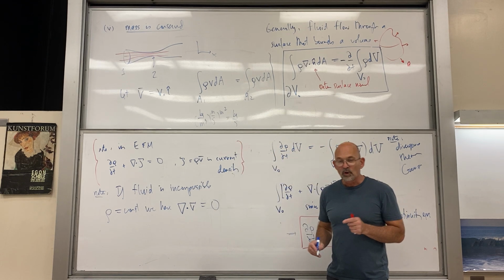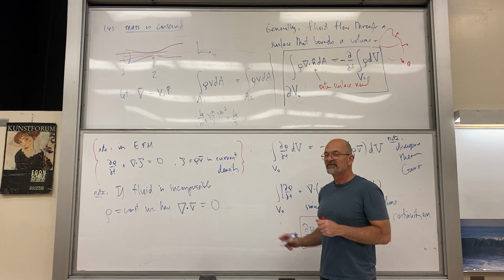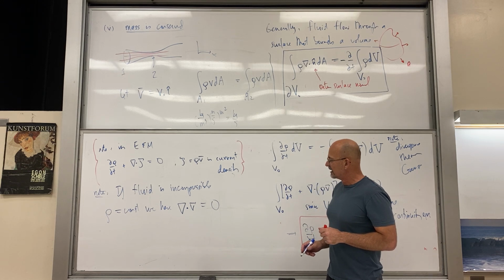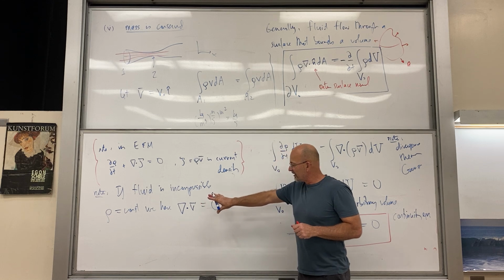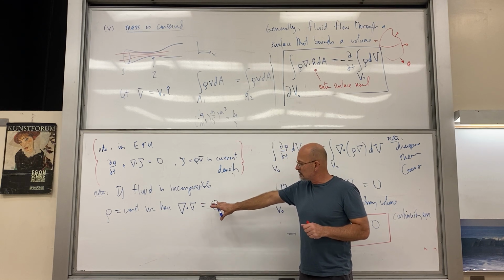Now back in Hamiltonian mechanics, we had the phase fluid is incompressible and has a divergence equals 0.